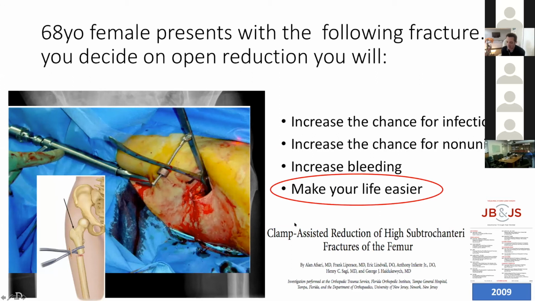Okay, so this is based on a JBJS study. It's a case series from two large centers looking at these fractures, and they compared to historic controls, opening all of them. They did not find any increase in infection or bleeding or what have you.